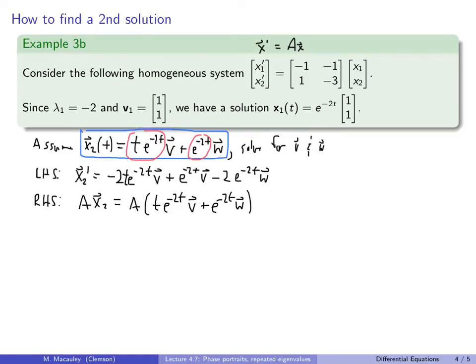So what I have to do is set the left-hand side, x2 prime, equal to the right-hand side. So I've got to set this equal to that. So let's equate terms.